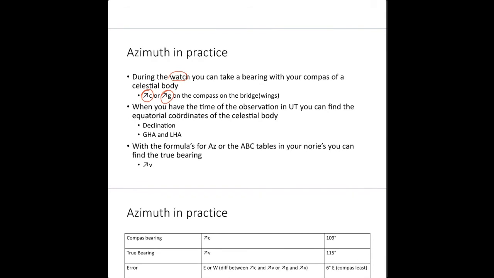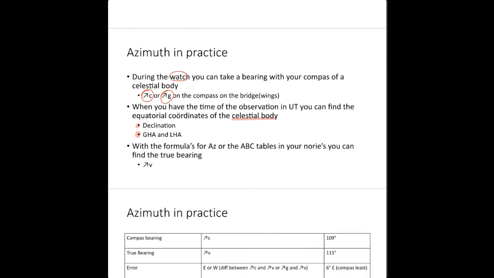Voila. And then if you have these bearings, the compass bearing or the gyro bearing, and you have the time of your observation, then you can find the equatorial coordinates of the celestial body that you've been observing. The equatorial coordinates, we all know by now, are the declination and GHA and LHA. And what can we do then?